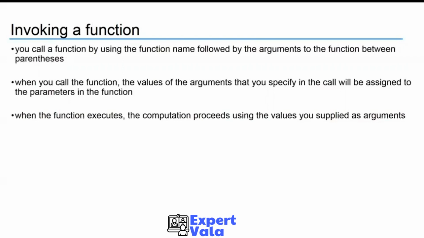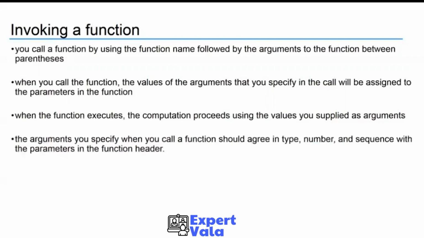As I mentioned, the arguments you specify when you call a function should agree in type, number, and sequence with the parameters in the function header. Order also matters. I didn't emphasize that, but if it says int x, double y, you first have to pass in the int, then the double.